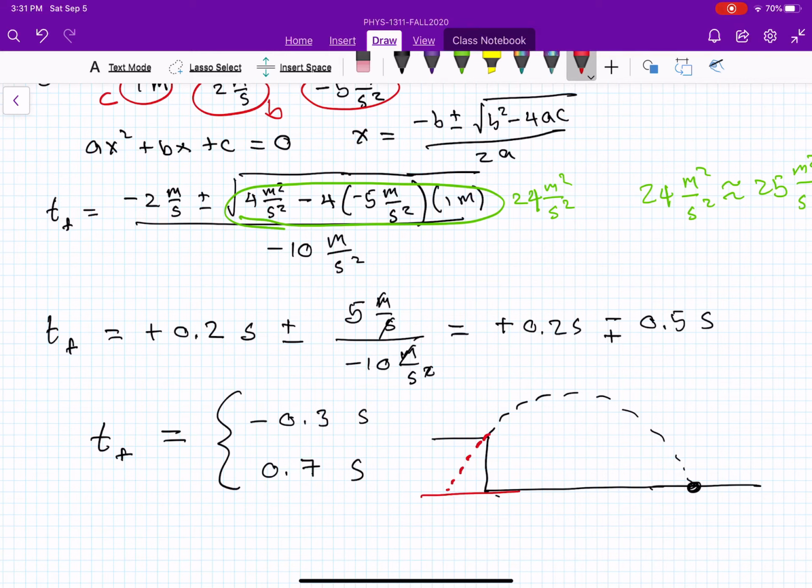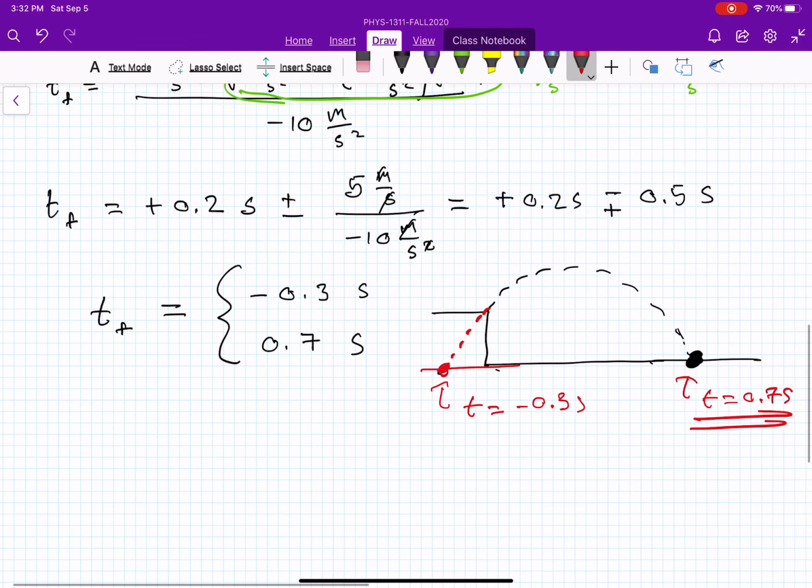That's this one. This is really the time at which I care about. And then if I had followed this parabola back in time, it would have intersected y equals 0 at this earlier negative time. So this is at t equals minus 0.3 seconds, and this is at t equals 0.7 seconds. And this is the one I care about.